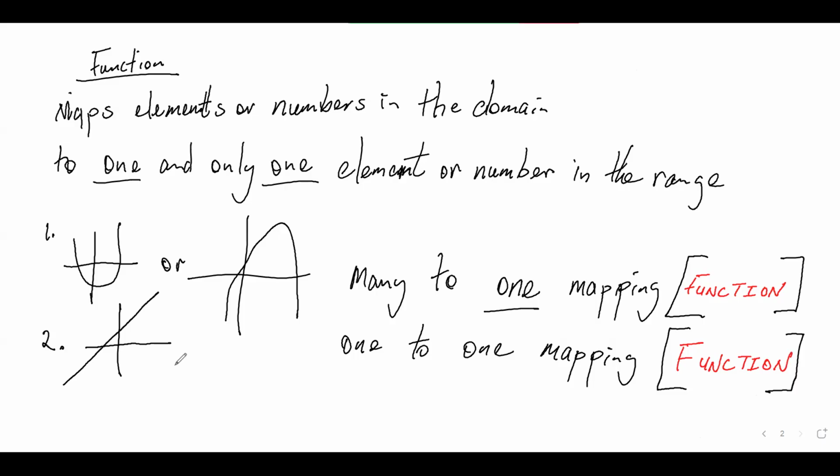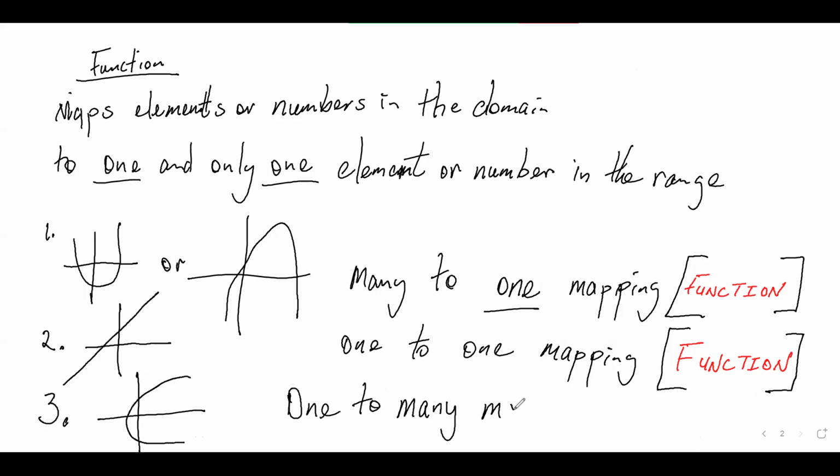Number 3, last one. Where the curve is like that, this shows one-to-many mapping.